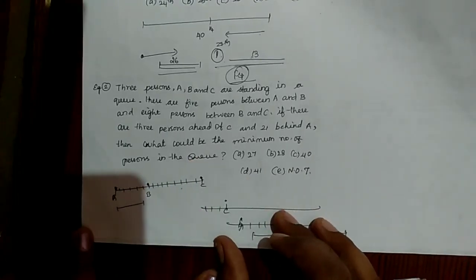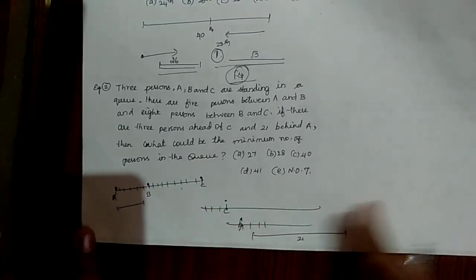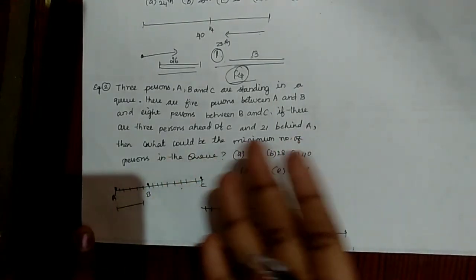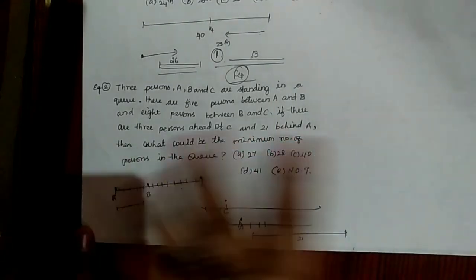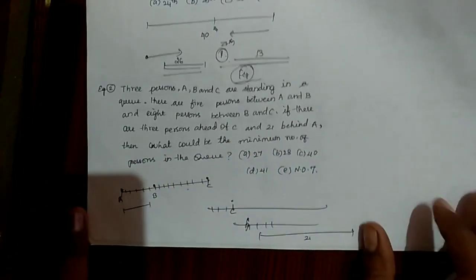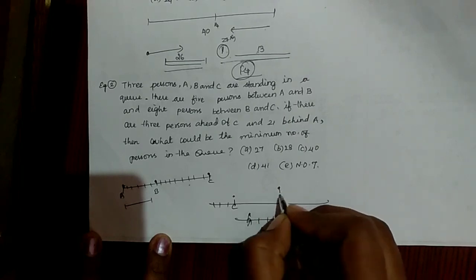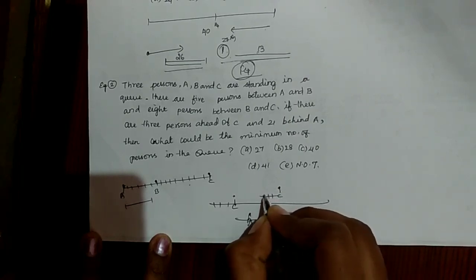So we can arrange A, B and C in the queue wherever they can stand. The order may be C, B, A, or B, C, A, or ABC, or CBA. Let's assume that C stands first, and before C there would be 1, 2 and 3.